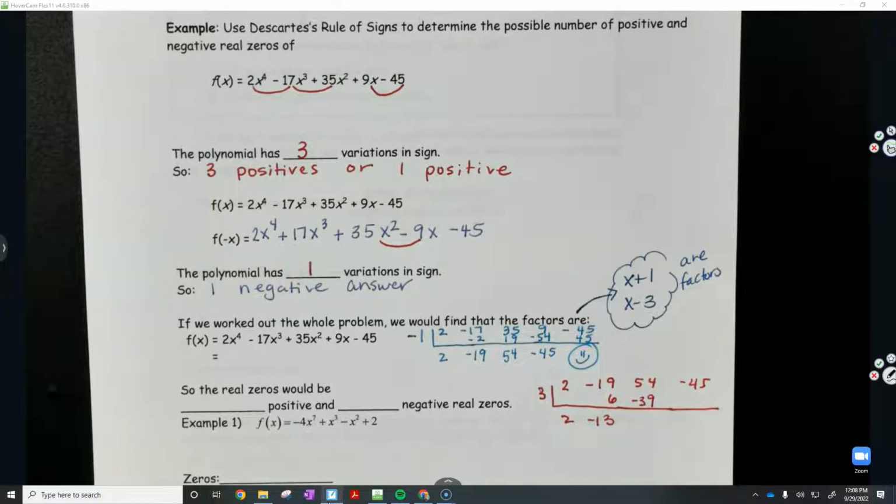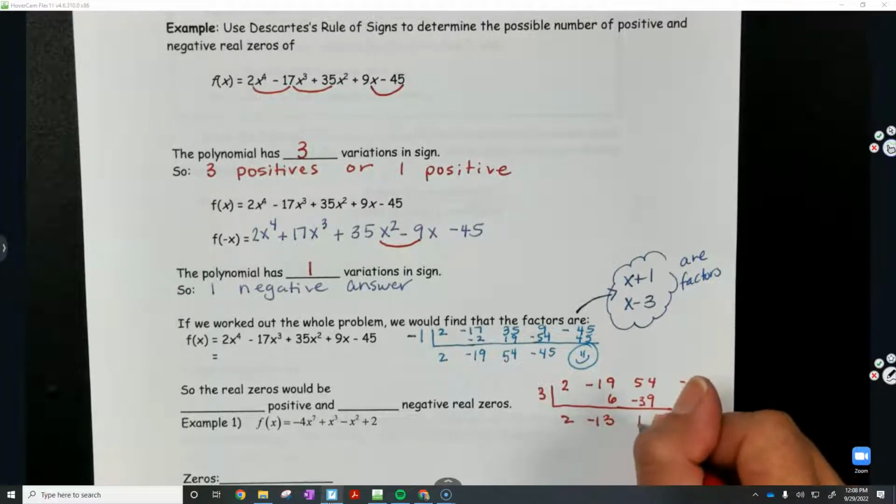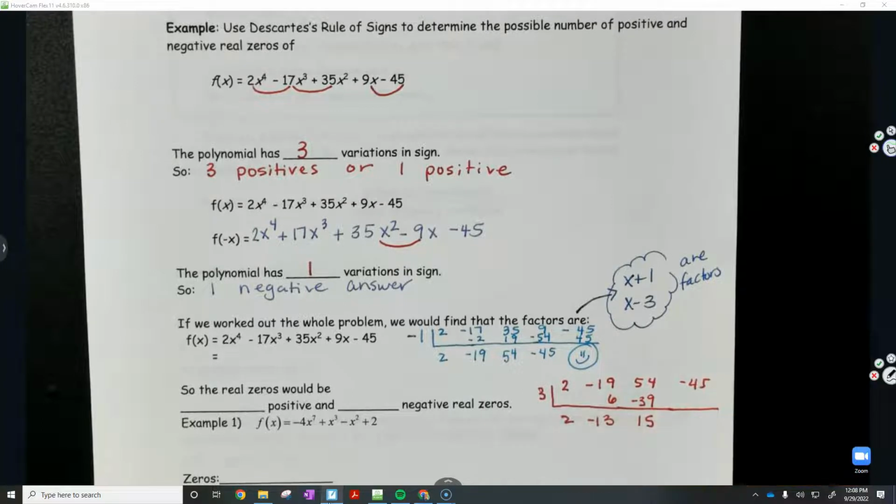So again, guys, I've been doing this all day. It's cool if you just want to look at mine. So I brought that 3 down. That's a 6. 19 minus 6 is -13. 3 times -13 is -39. 54 minus 39 is a positive 15. And then 3 times 15 is 45, which is a 0.